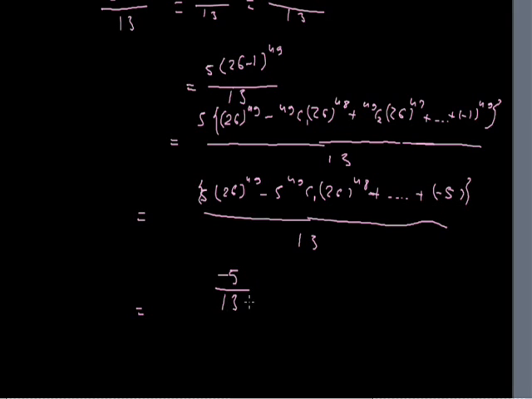So here the remainder is minus 5 by 13, which is equal to 13 minus 5, which is equal to 8. So the remainder is 8 when we divide 5 to the power 99 by 13. Okay, so you can find the remainders using binomial theorem like this.